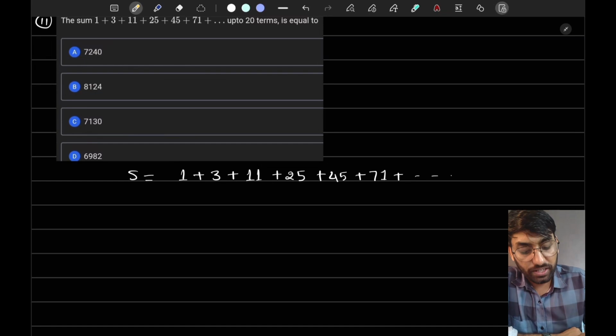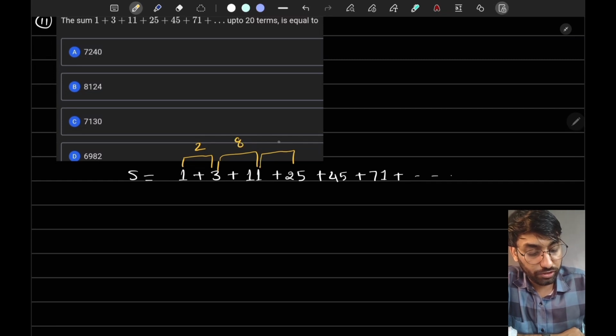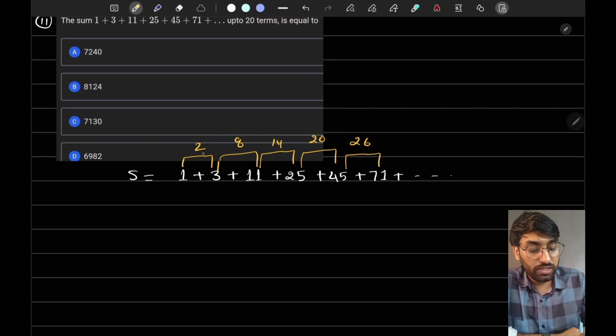Okay, so if you closely observe here, the difference between 3 and 1 is 2. Here 11 and 3 is 8. And then here we are having 14. Then here we are having 20. And then here we are having 26, right? So if you closely observe, these differences 2, 8, 14, 20, 26 are nothing but in AP.